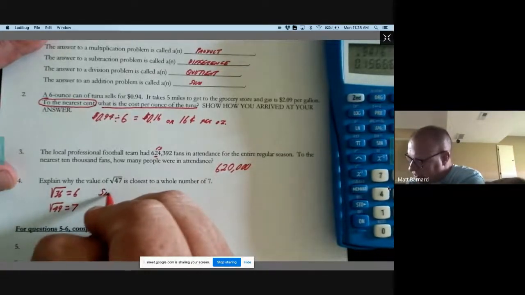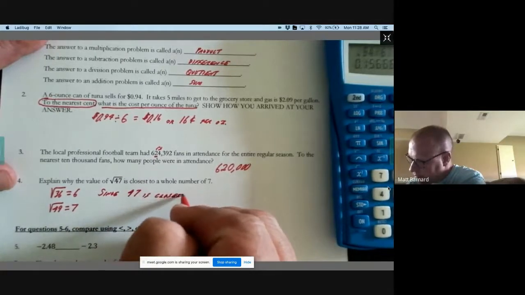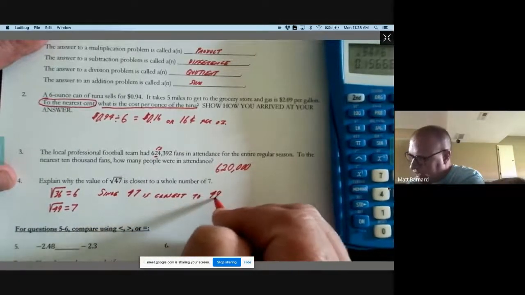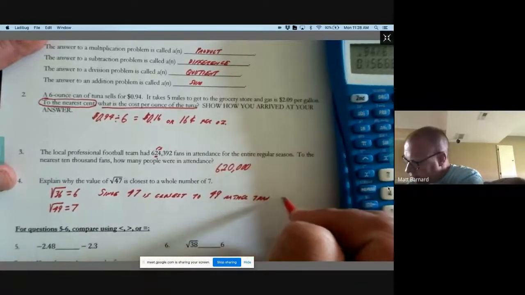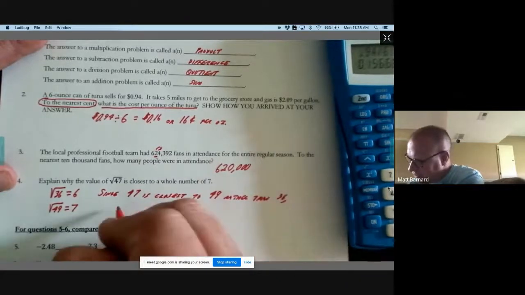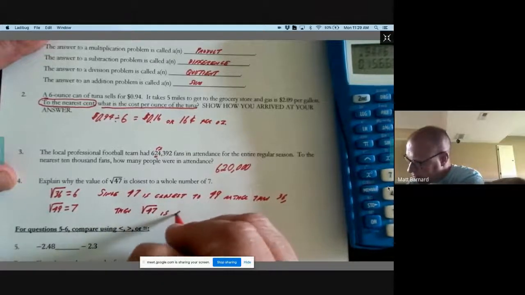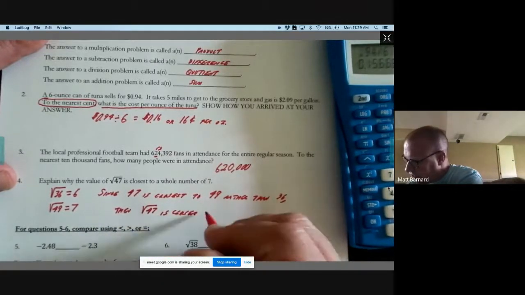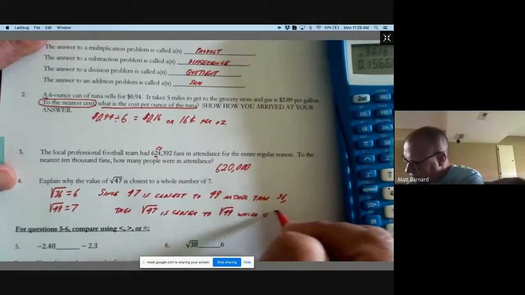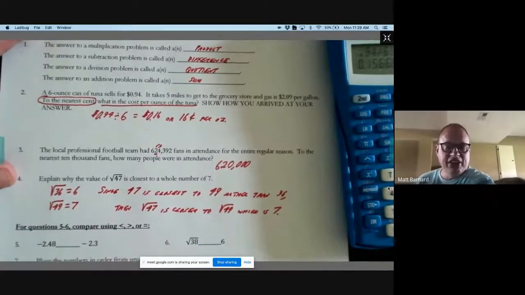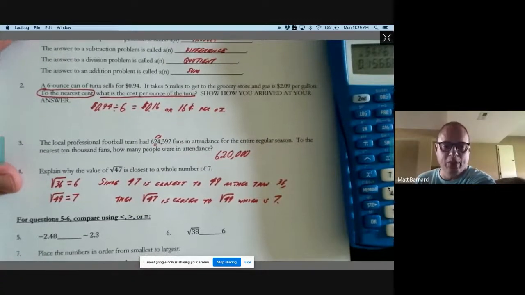I could say, since 47 is closest to 49 rather than 36, then the square root of 47 is closer to the square root of 49, which is 7. 36 and 49 are called perfect squares because 6 squared is 36 and 7 squared is 49.